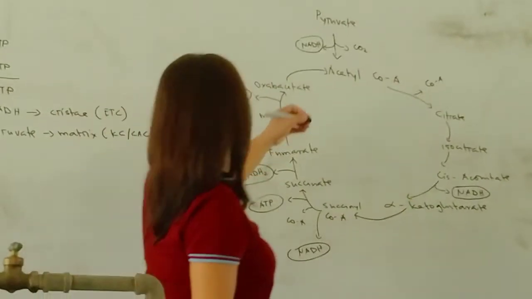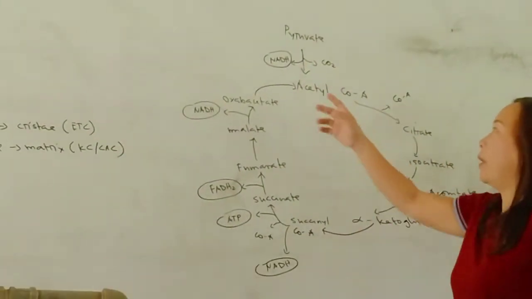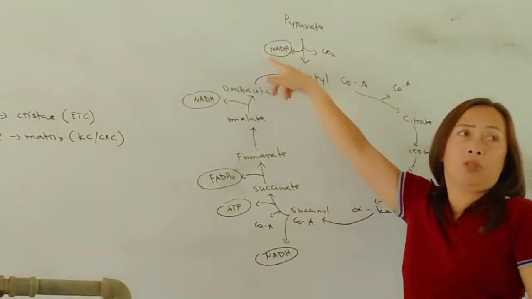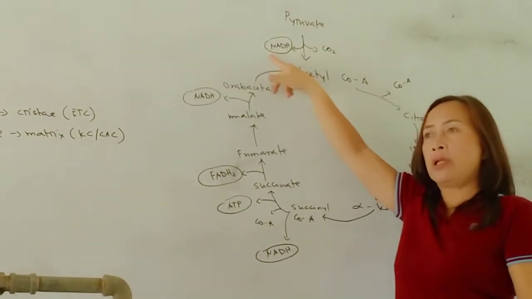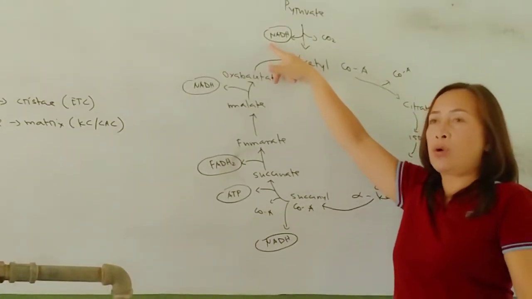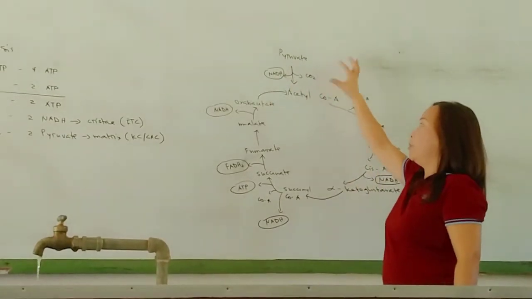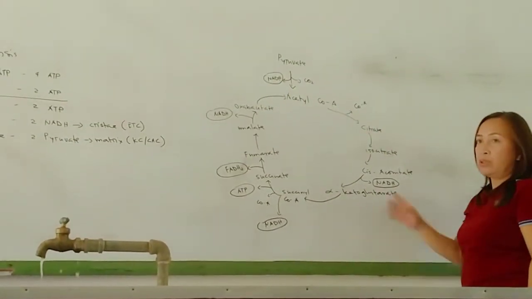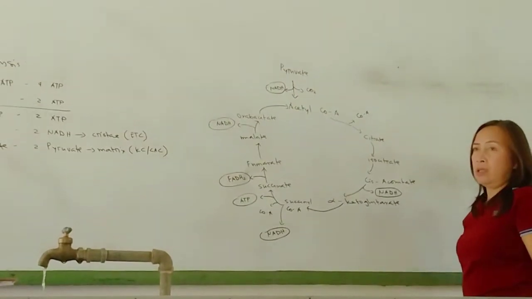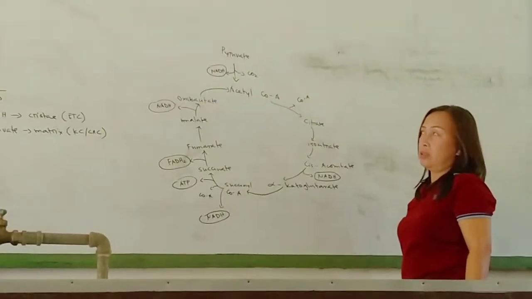So when pyruvate is converted into acetyl-CoA, there is a release of NADH. So electron is released and is now trapped by the NAD, nicotinamide adenine dinucleotide. And of course, carbon dioxide is released. So that is decarboxylation.